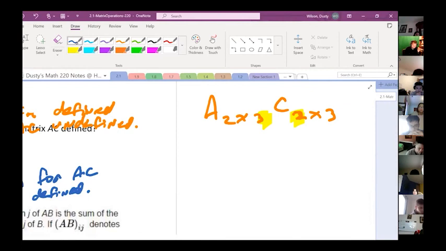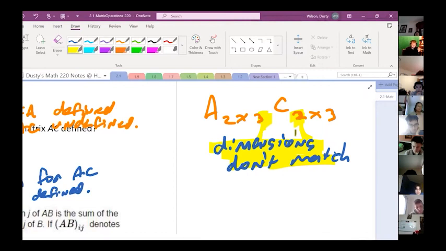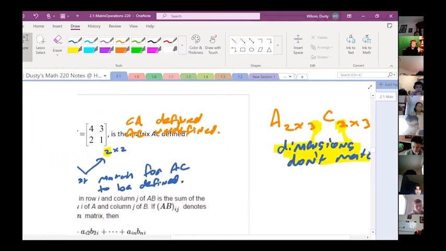So you could say that the dimensions don't match. And when you're talking about the dimensions don't match, what you're talking about is the columns of A and the rows of C. Yeah. Which I think answers Ryan's question. Did that answer your question, Evan?